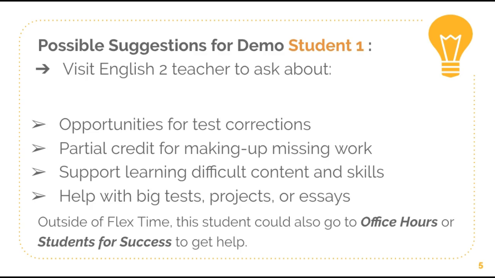Going over test corrections is also a good way to strengthen the skills that are necessary to pass the class. And getting all the support the student can from the teacher will certainly help.